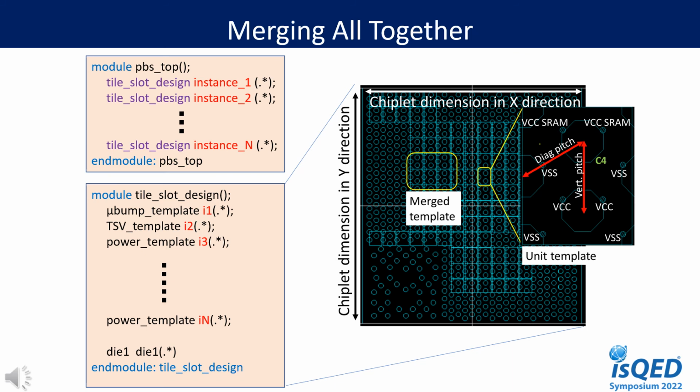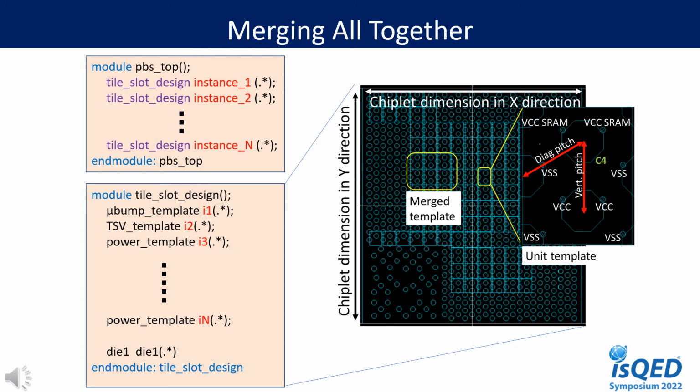If we look at the top level of a PBS RTL or a design over here, we can notice that there are multiple tile instantiations based on the number of active chiplets to be integrated over a PBS. And the tile slot design itself contains microbump templates, TSV templates, different power templates.